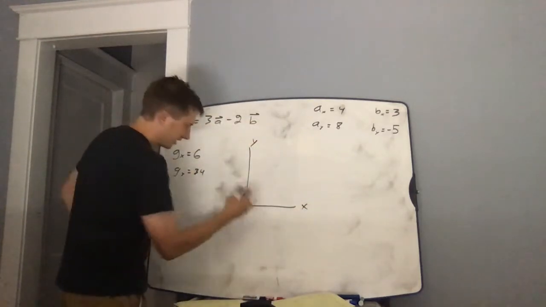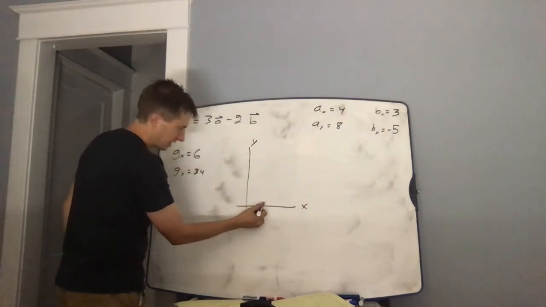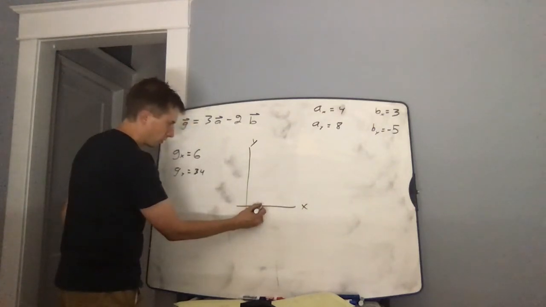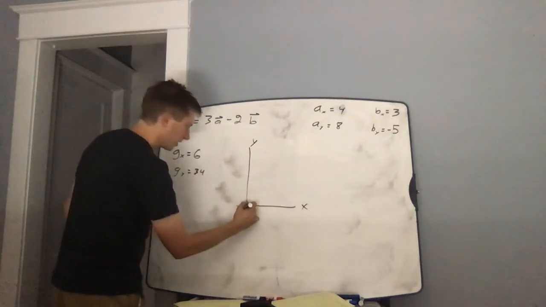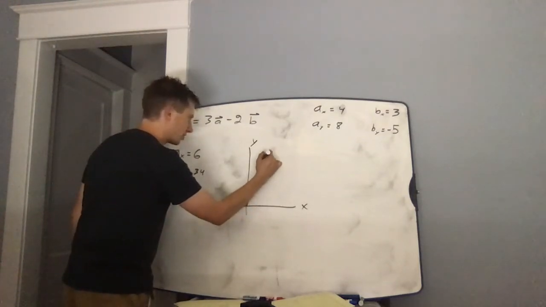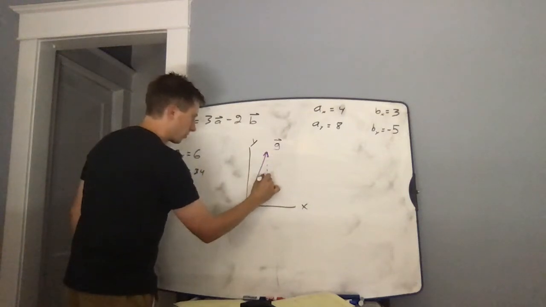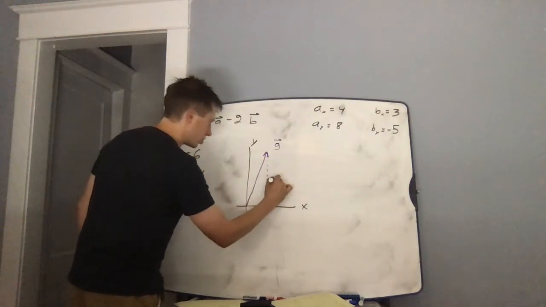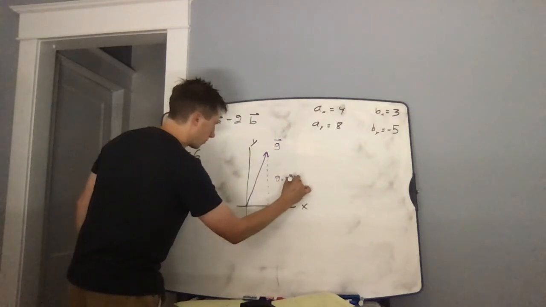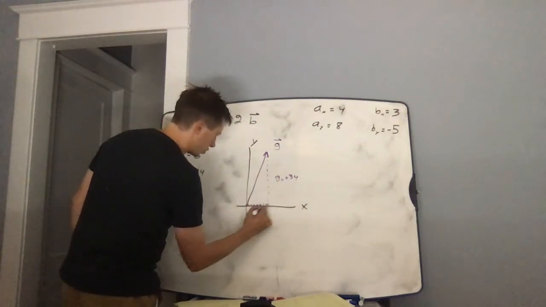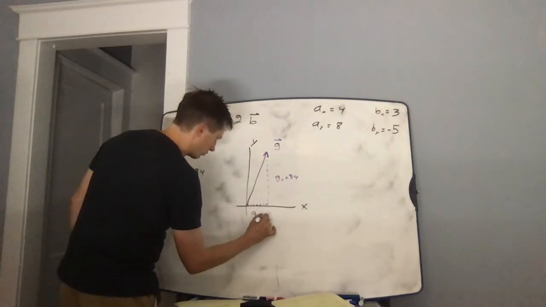Gx is equal to 6, 1, 2, 3, 4, 5, 6. Gy is 34, 1, 2, 34. So vector g is going to look something like this, where the vertical part of vector g, gy, is equal to 34, and the horizontal part of g, gx, is equal to 6.